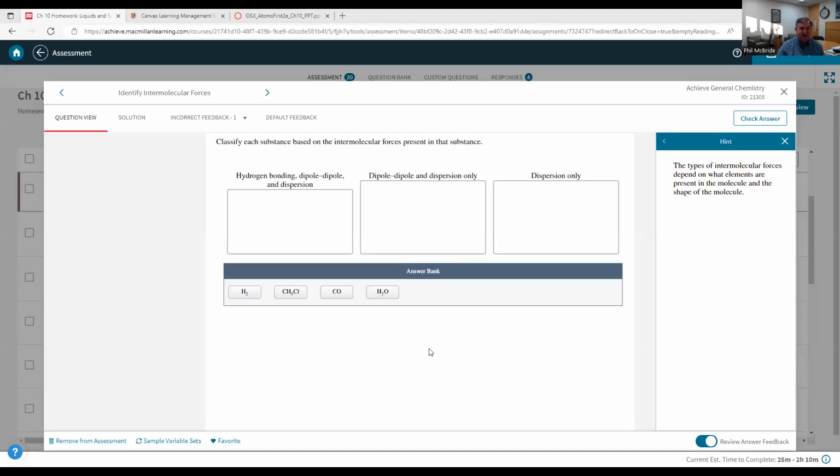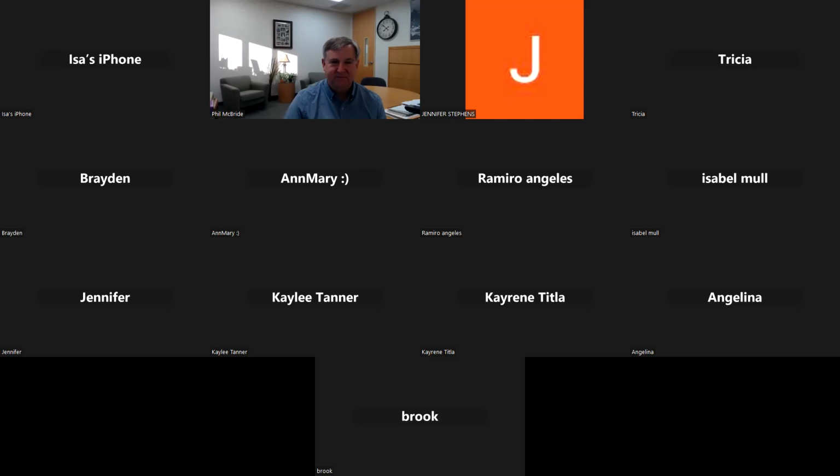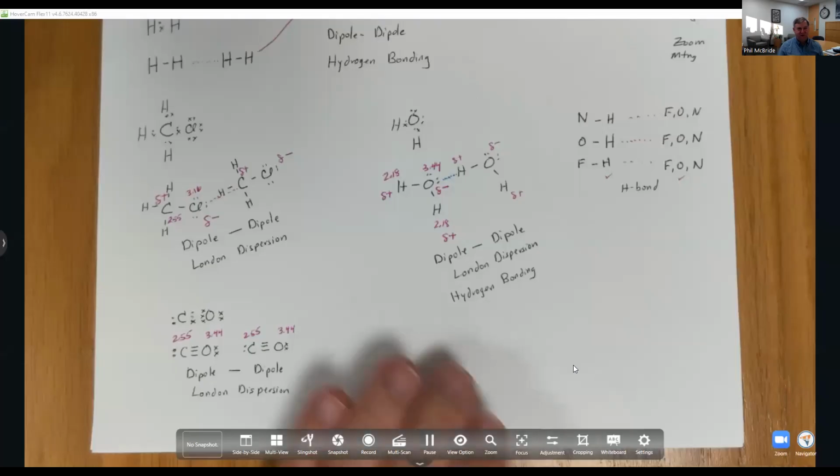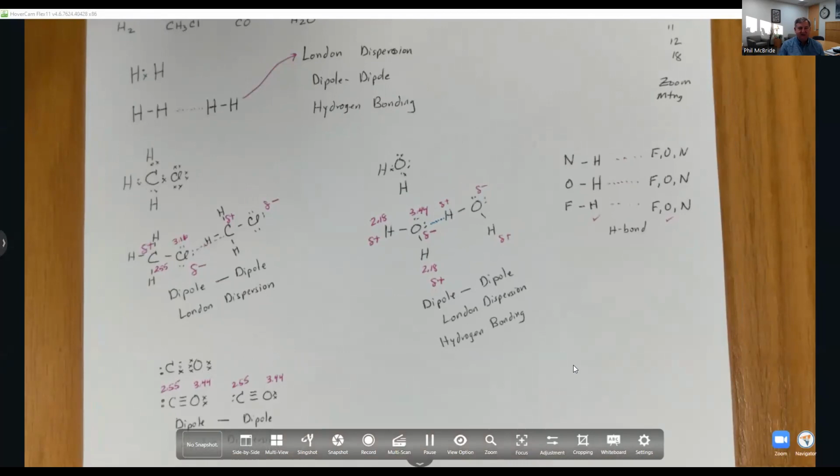So looking at this problem right here, which of these molecules had hydrogen bonding, London dispersion, and dipole-dipole?